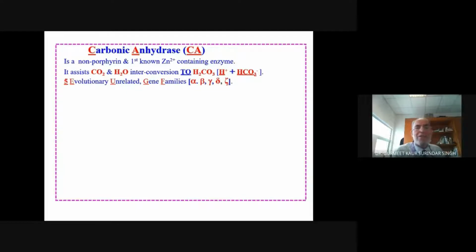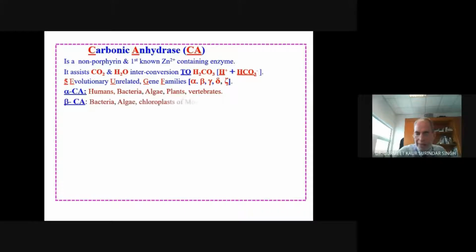And there are at least 5 gene families: alpha, beta, gamma, delta, theta. At least 5; till now they discovered 5. They are unrelated from the evolutionary point of view. Alpha carbonic anhydrase is found in humans, and this is what interested us.